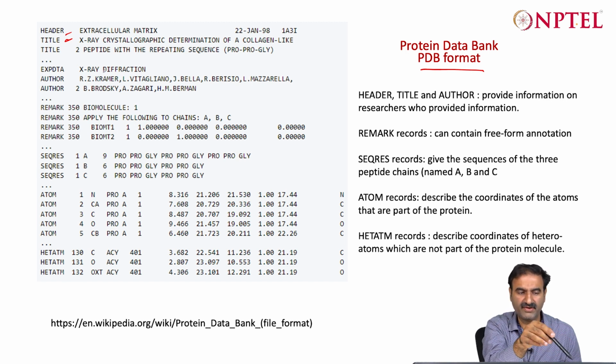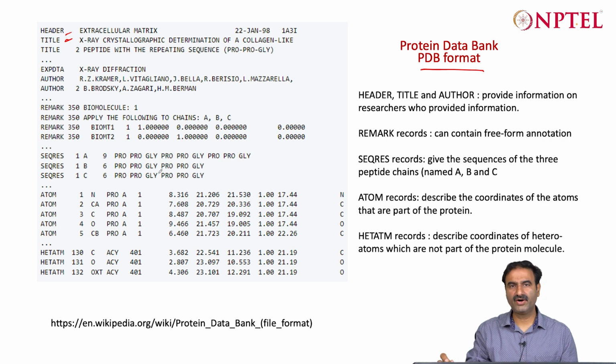And then how the data was generated, the experimental data, the authors who generated this data, some remarks about the data, and then the actual coordinates that you got from X-ray crystallography, so that it can be used by software for constructing the structure again, because it has all the coordinates for each and every atom, right.